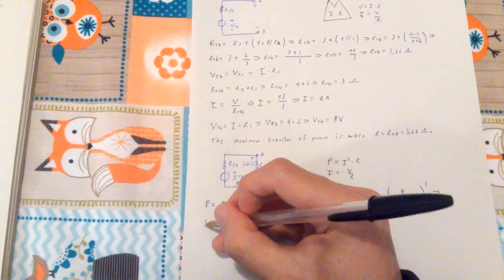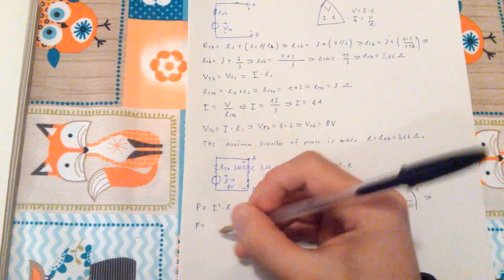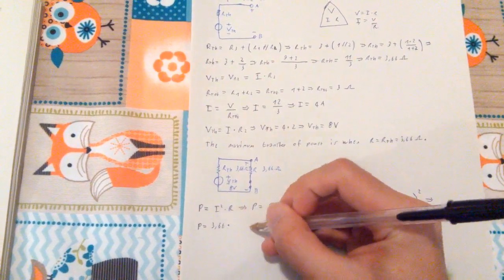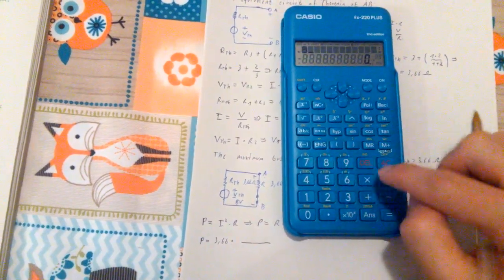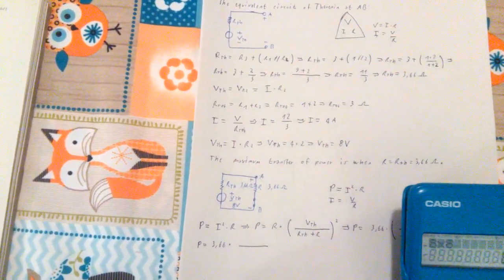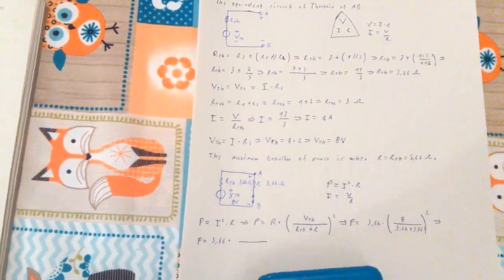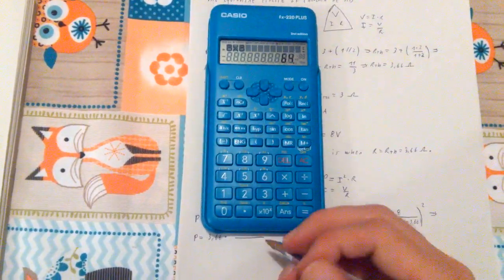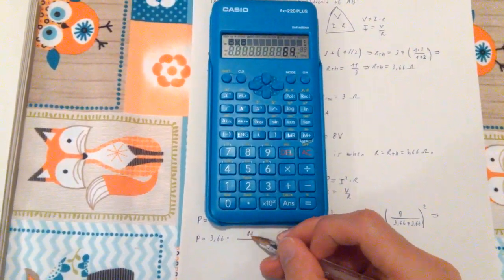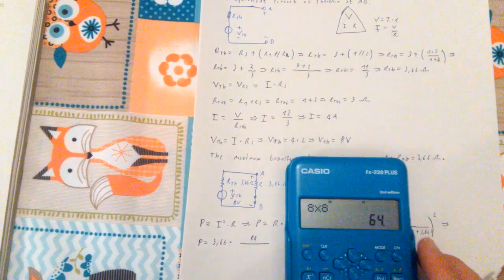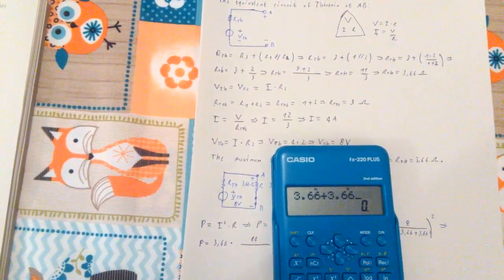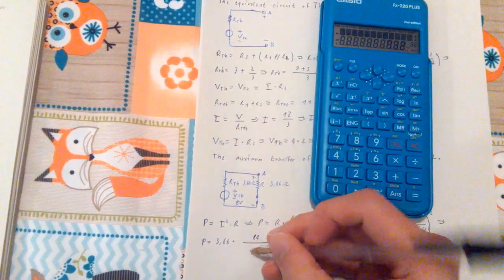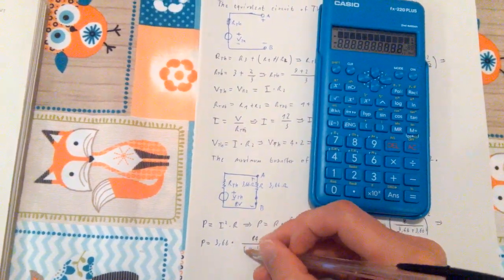So power is going to be 3.66 times, well, we have 8 times 8, which is 64. We have 64 over, well, 3.66 plus 3.66 is 7.32, which we have to square.